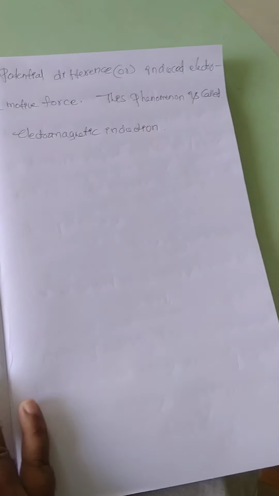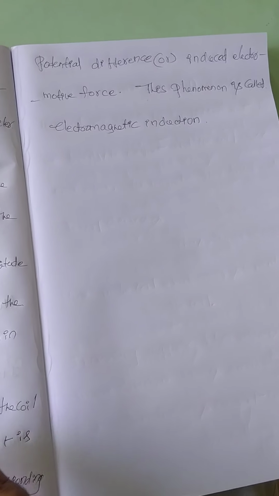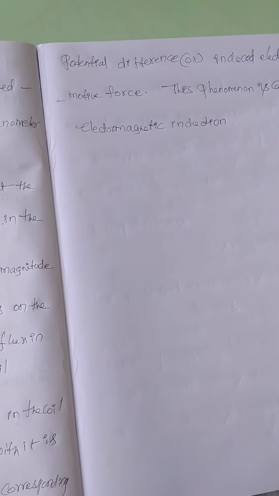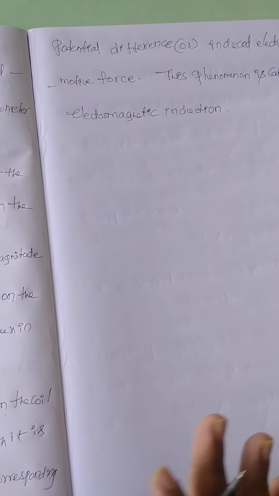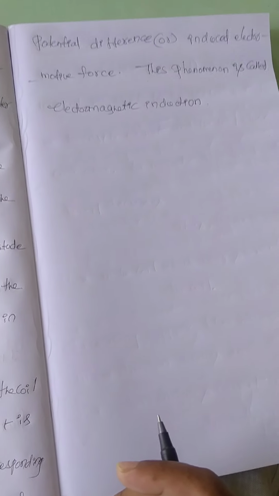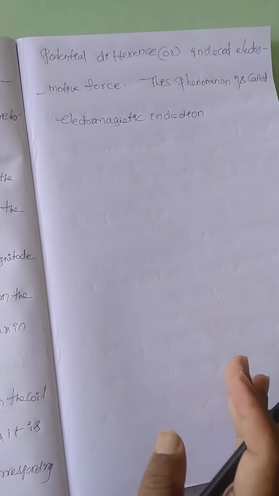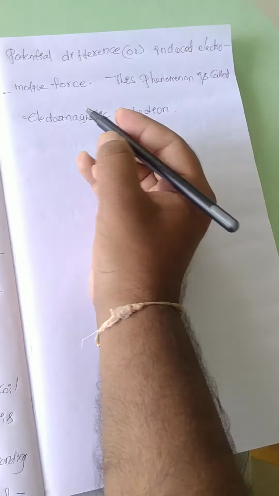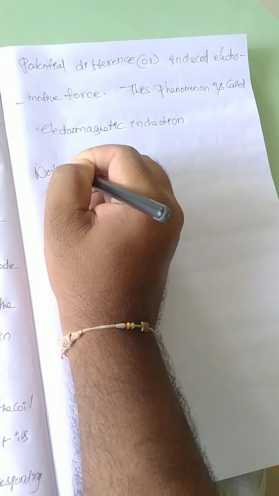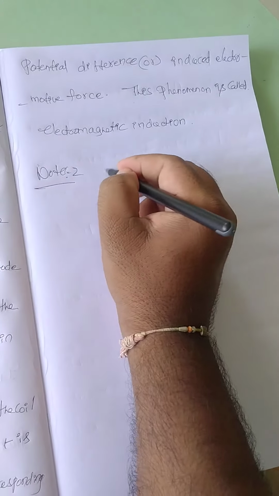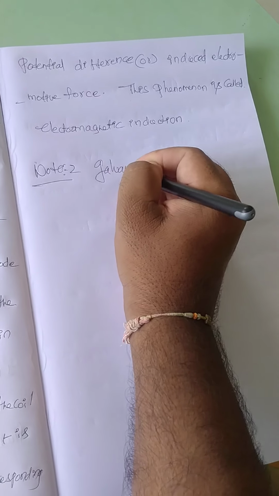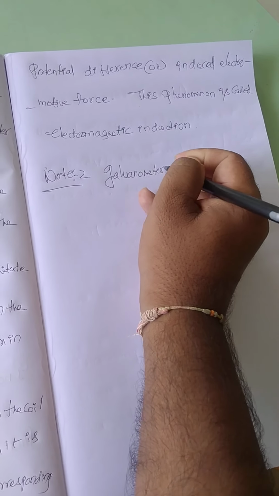So this is about Faraday's explanation, dear students. Briefly there will also be something related to electromagnets and permanent magnets and how there is a change in magnetic field, but that is actually no need for you. And one more note point, note 2, is about the galvanometer, which was already discussed before.